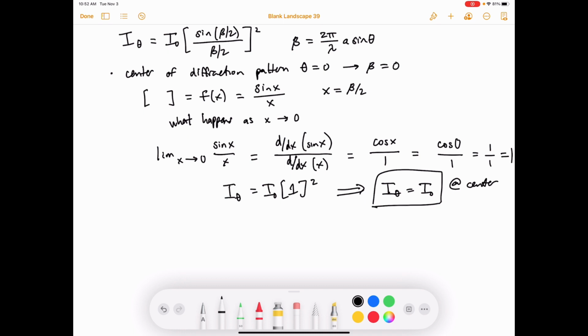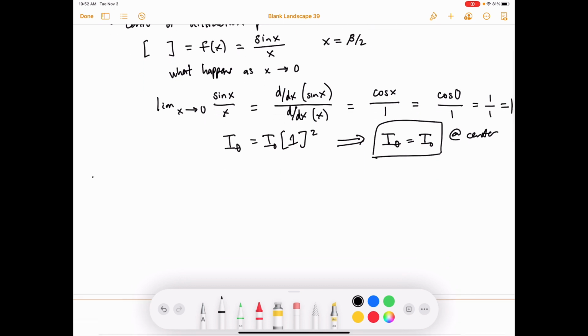Okay, so next, let's take a look at the diffraction minima. This is where I theta is equal to 0, no intensity.